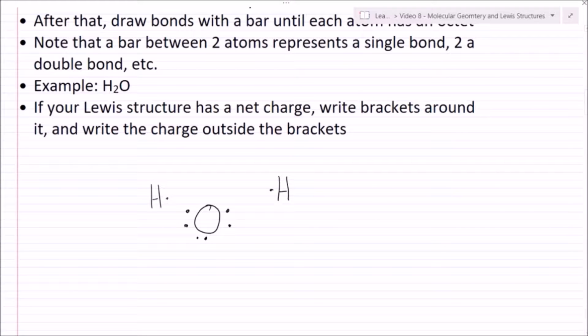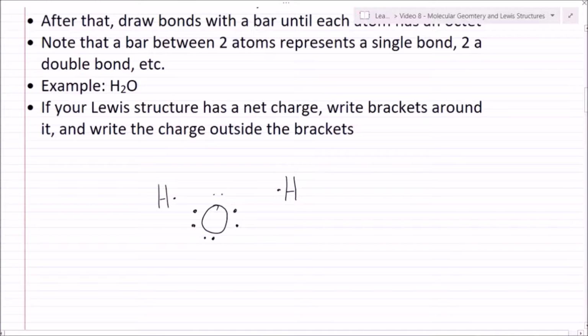So here we can see that oxygen is short 2, and hydrogen, both of them are short 1. So I can draw bonds between these and fill their octets. So for each bond I'm just going to erase an electron and draw a bar.